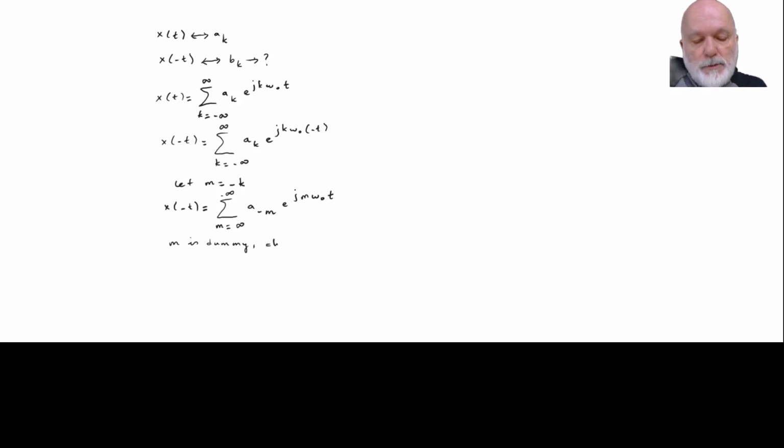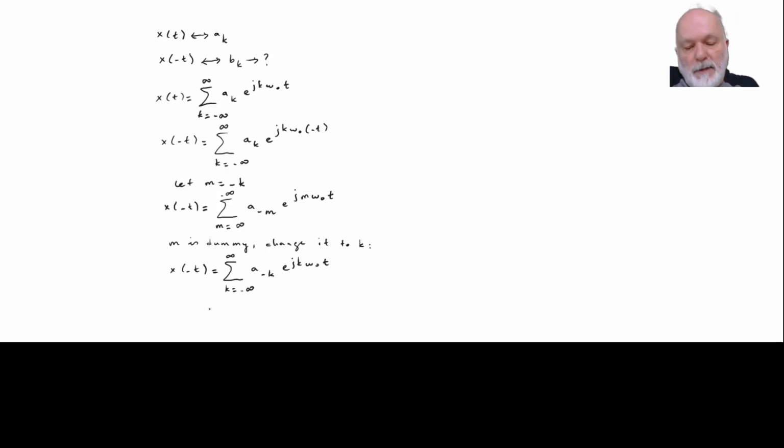So change it back to k. So x of minus t is equal to the sum over k from minus infinity to plus infinity of a minus k e to j k omega 0 t.